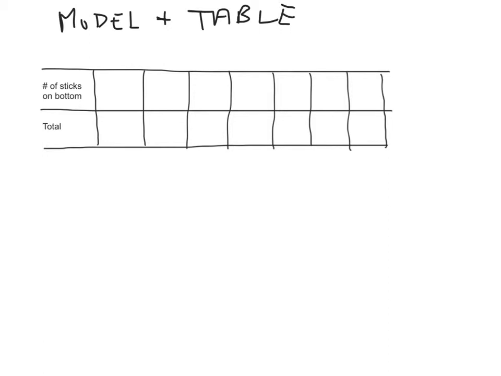So in our model that we built, we had a triangle with 3 sticks, so we had 1 stick on the bottom, but we needed a total of 3. When we added to this triangle by putting 2 sticks on the bottom, now suddenly we needed 9. When we added again in our models, oh, my drawings are very poor here.